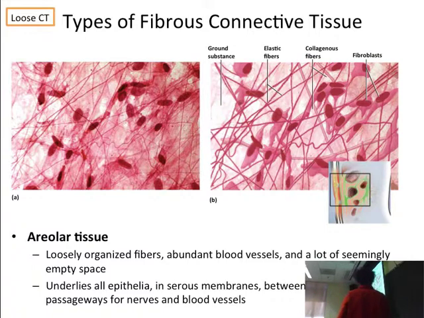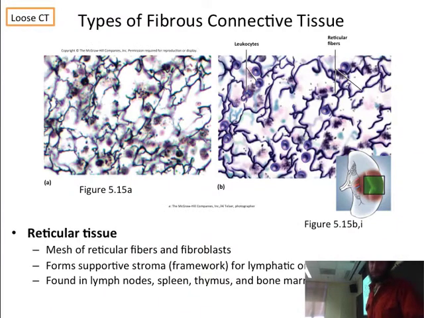It's found in the serous membranes. It's in between muscles. The neurovascular bundles run through this stuff. It's a nice, stretchy, deformable, supportive substrate for a lot of things in the body.